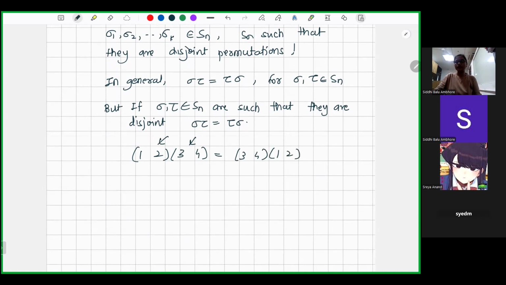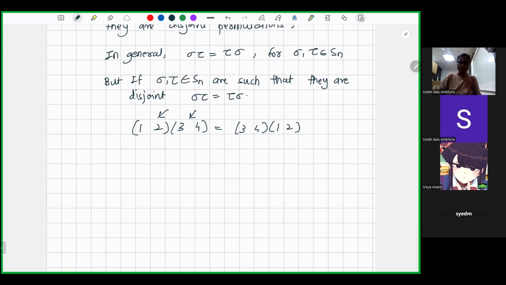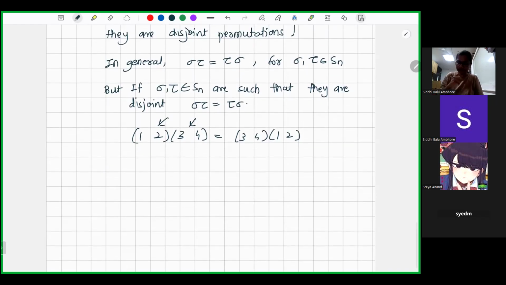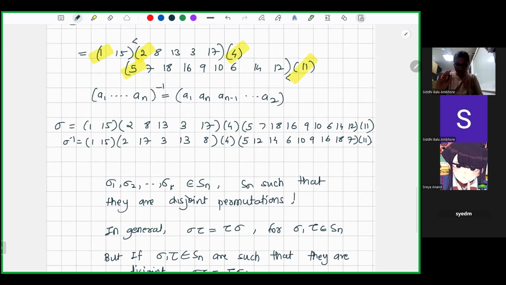Ultimately 1 is going to 2, 2 is going to 1. What is happening in a particular cycle is not affecting the other cycle. So we can rearrange them, or commute them. That's what I wanted to tell you here.